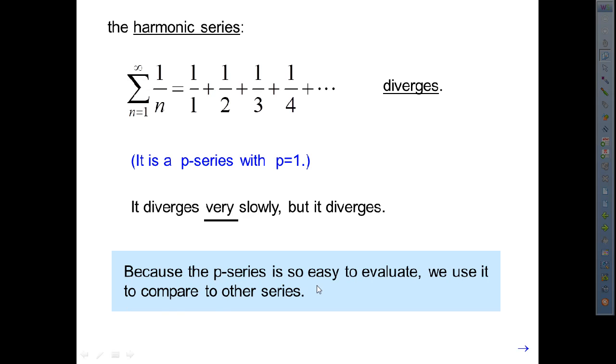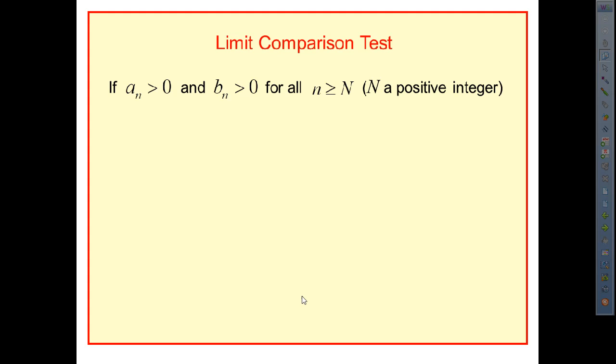Now, because the p-series is so easy to evaluate, we commonly use it as what we compare to other series using the comparison tests. We talked about the limit comparison test, but here it is.